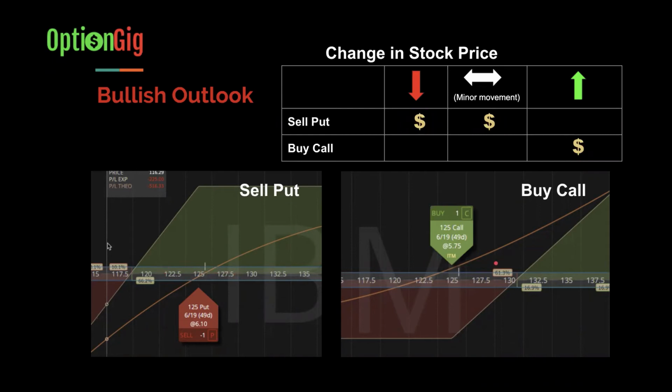Now, like I said, the catch here is that if you have a call, you have unlimited profit potential. That doesn't mean you'll always get unlimited profit, but the potential is unlimited. In this case, you're limiting your profitability. But I would like to have higher chances of making money, even if I'm making a little less. That's what I do in my job.